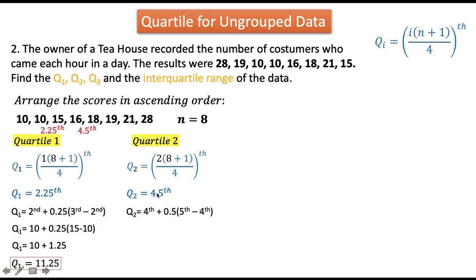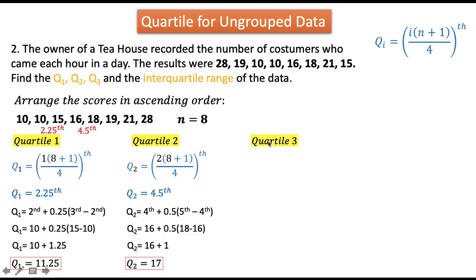To solve for it, so 4, then 0.5 of the 5th minus the 4th in our data. So our 5th data here is 18 minus the 4th data, which is 16, and that is 2. 2 times half or 0.5 is 1. 1 plus 16 is 17. So our quartile 2 here is 17.